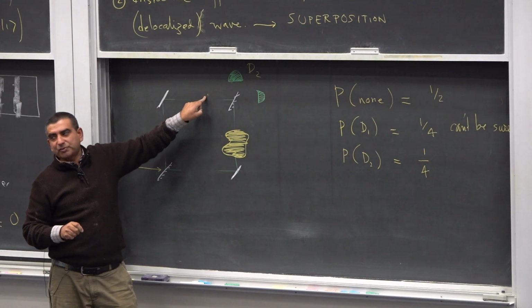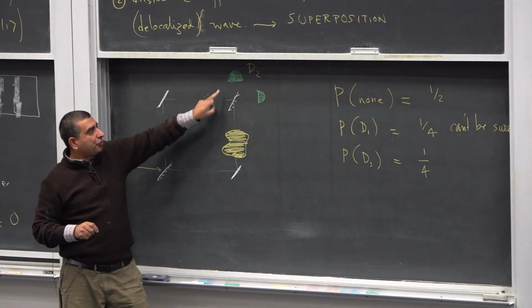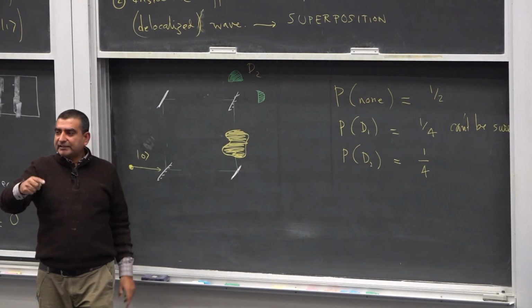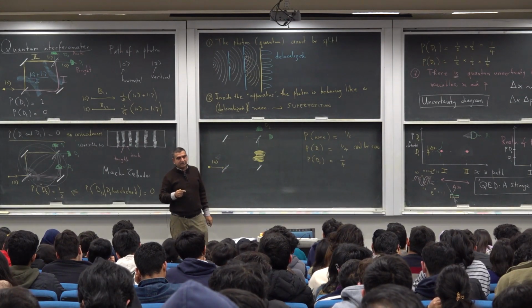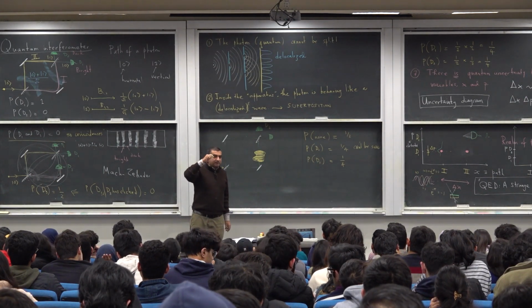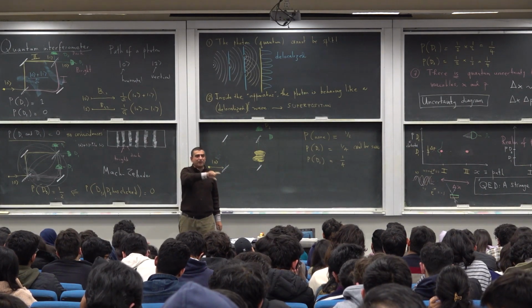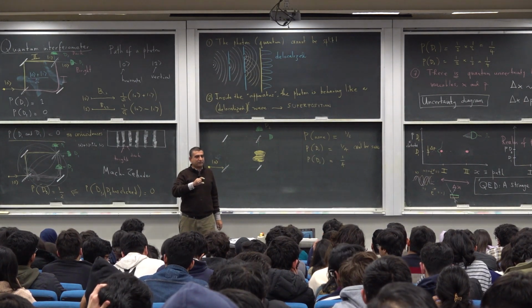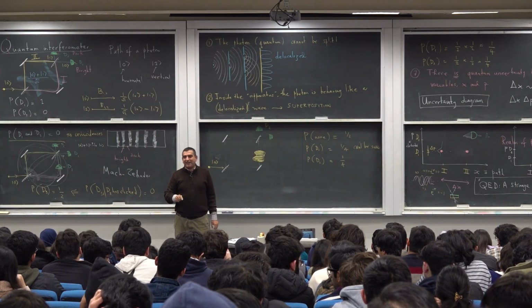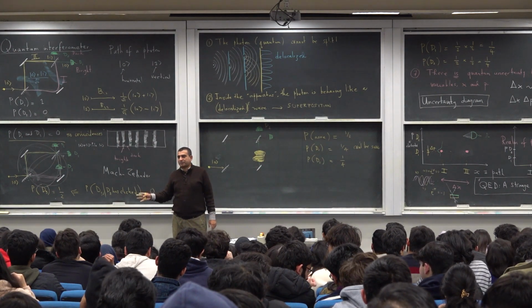By the way, this object could also be in this arm. So by looking at the click of an otherwise dark detector, we can say with certainty that an object exists inside one of the 2 arms of the interferometer, and the photon has not interacted with that object.